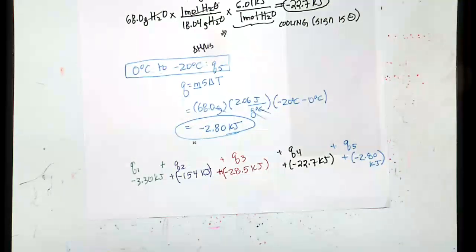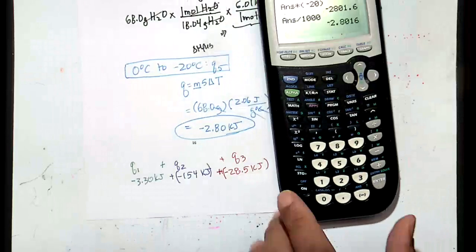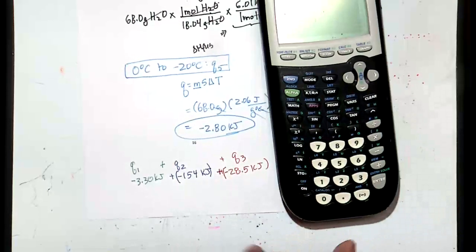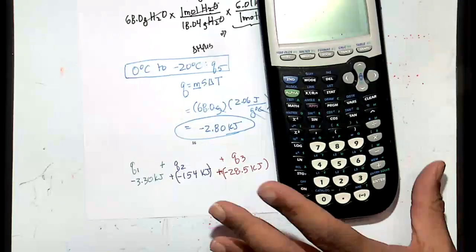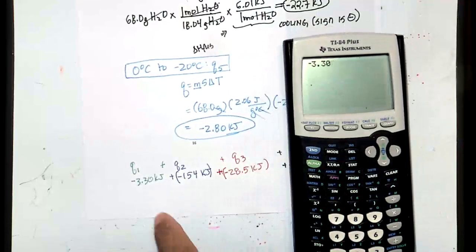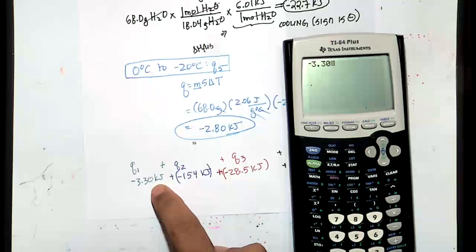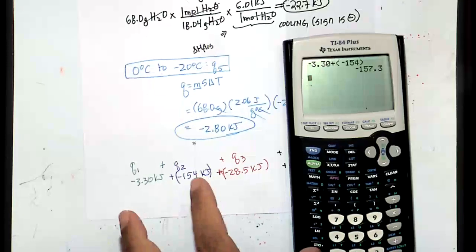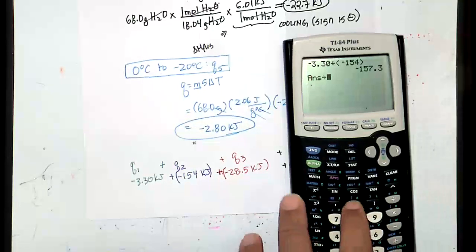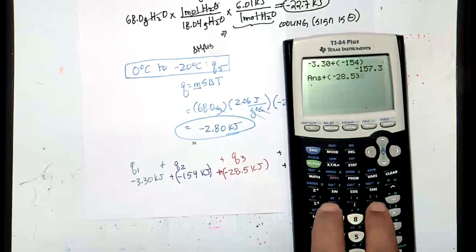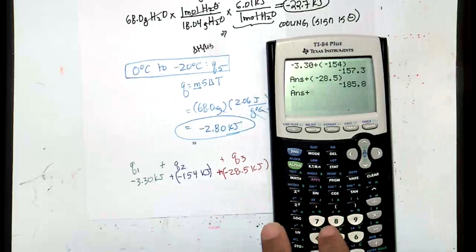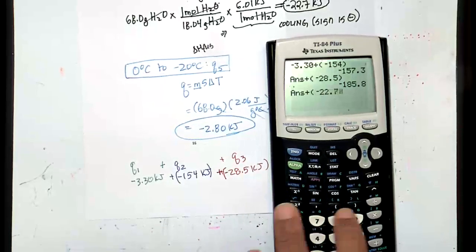So it can be in joules or kilojoules, it doesn't matter. All right, minus 3.30. I can even mess this up. The plus and minuses can mess you up. So minus 3.30 plus a minus 154, plus a minus 28.5, plus a minus 22.7.